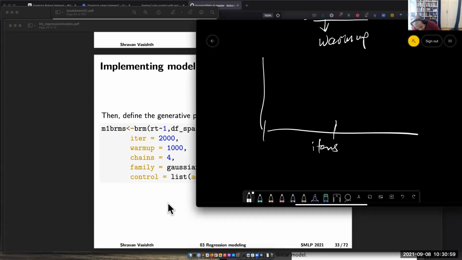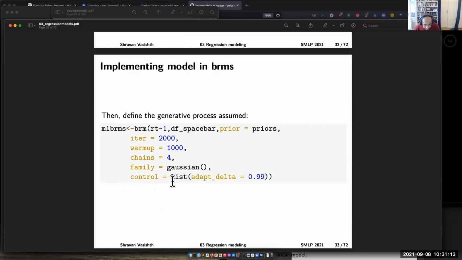And now the sampler is going to be walking through the probability space to get samples from the posterior distribution of mu, right? So the steps that the sampler is taking can be controlled by these control parameters. And this is just one of the parameters in the Hamiltonian Monte Carlo algorithm that controls the way that the sampling is done. So I've just set it at 0.99 just from experience, right?